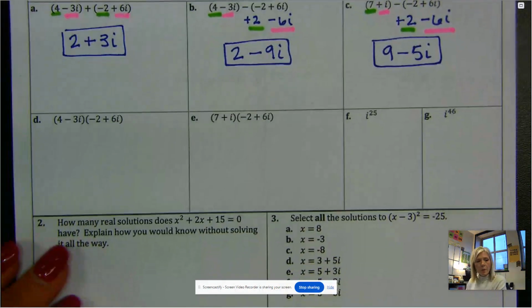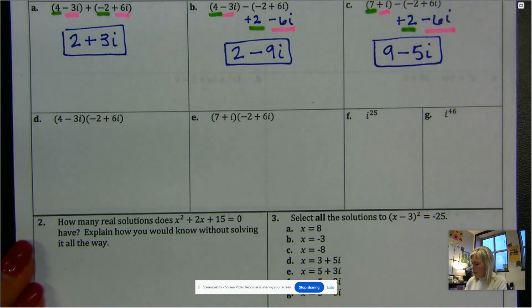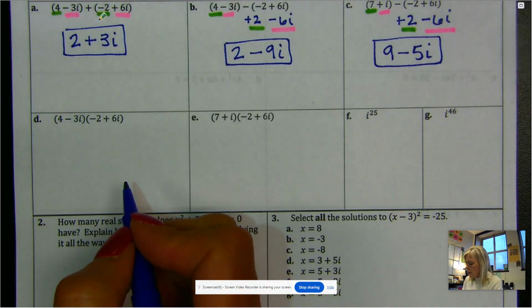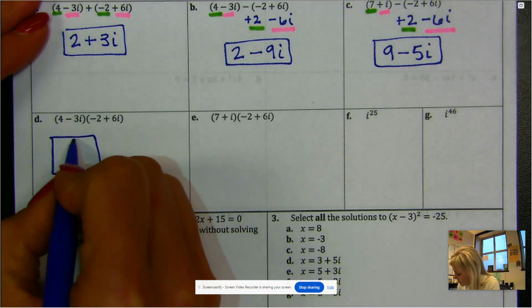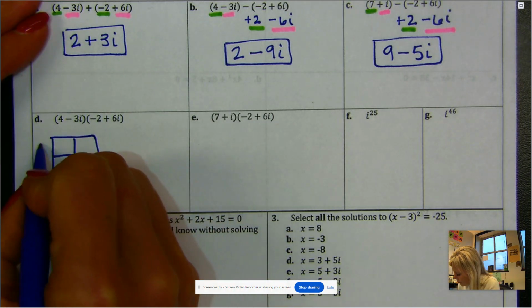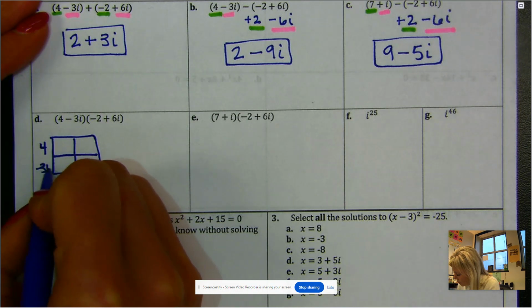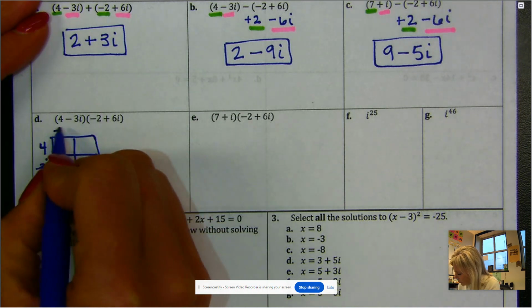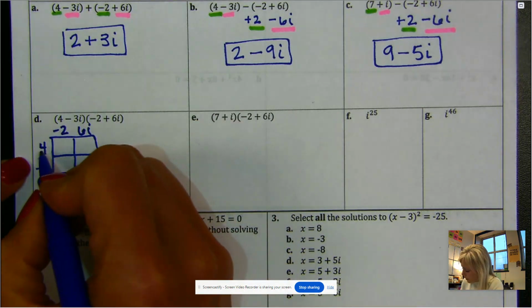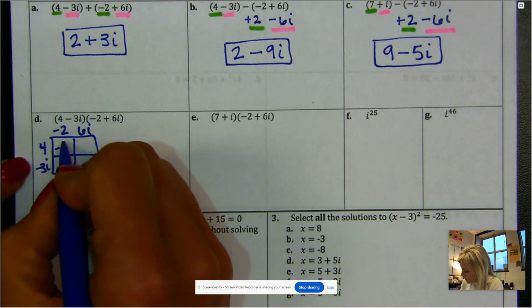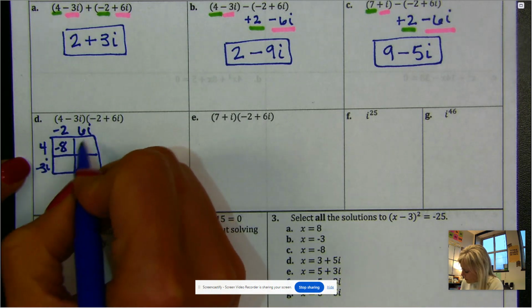The next two problems are multiplication. And so when we multiply, we use a box. So for this one, I have 4 minus 3i and then negative 2 plus 6i. So multiply inside. 4 times negative 2 is negative 8. 4 times 6i is 24i.